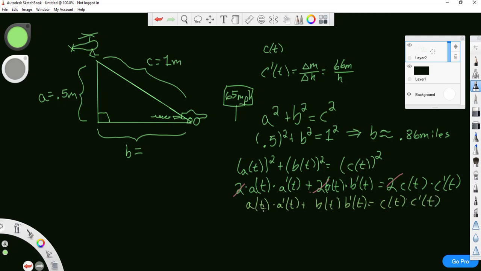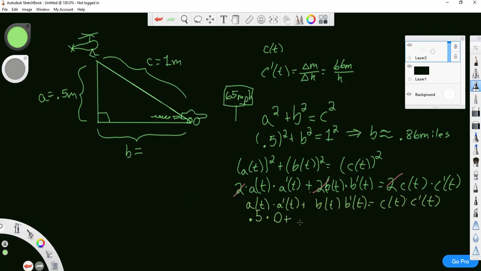Well, A of t, remember, that's just A. So I know that that's going to be 0.5 times, now A prime of t, that's the rate at which this distance is changing. Well, remember I said that the helicopter was going to stay at a constant height above the highway? So what's the derivative of a constant? Well, the derivative of a constant is going to be 0, which means that his vertical position is never going to change.